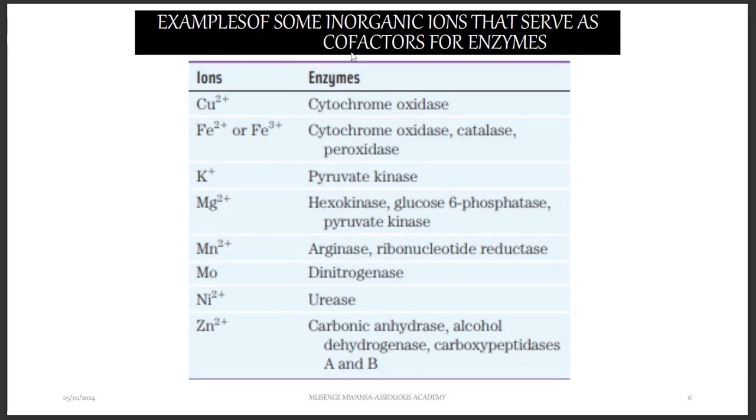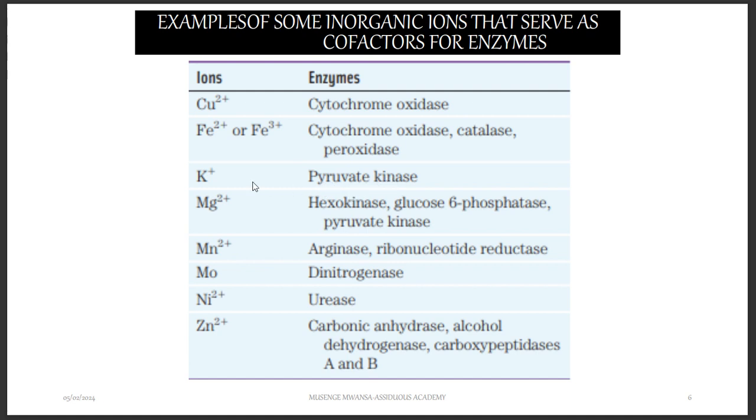These are some examples of inorganic cofactors that you need to know. So I've got copper and where they are located also. Copper ions are located in cytochrome oxidase. That is the enzyme where you can find these as cofactor. I have seen in some exam questions where they've just asked, which of the following is a cofactor for pyruvate kinase?